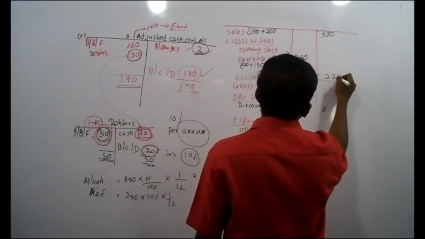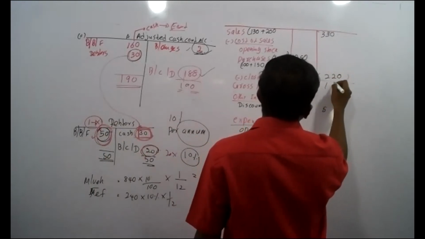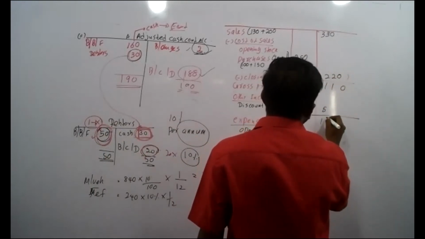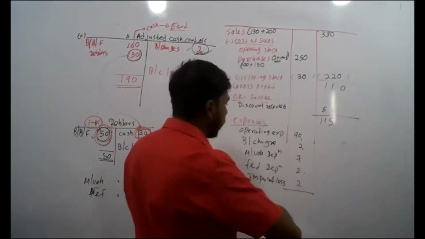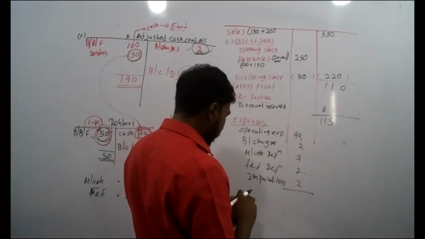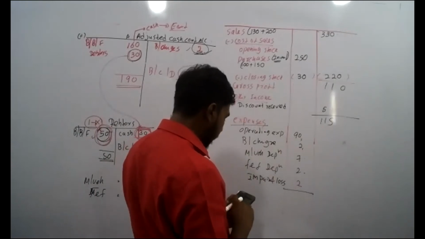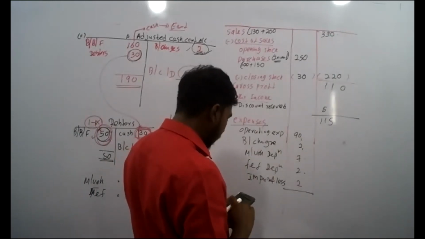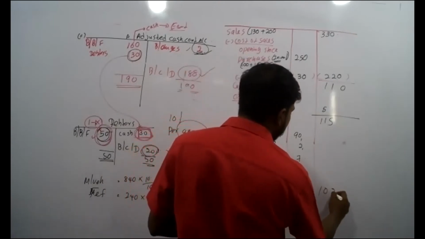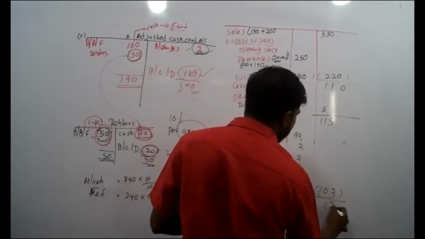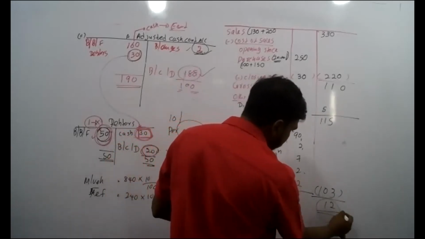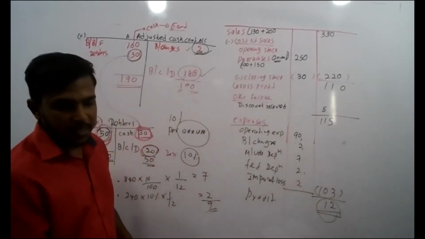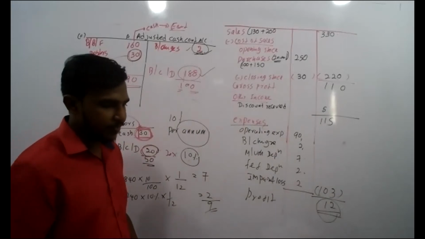Here it's 220. Then how much is the gross profit? 110. Here it's 150. Then what are the total expenses? This is 103. Then profit is how much? 12. Is it clear? Good question, 30 marks.